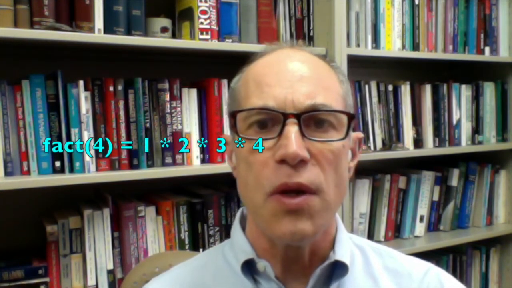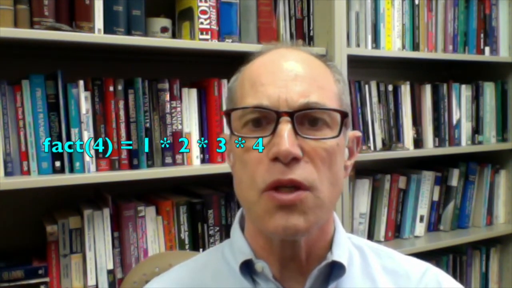Now, let's develop a recursive version of factorial. I'm going to begin by noting that 1 times 2 times 3 times 4 can also be expressed as 4 times 3 times 2 times 1. This is going to be helpful because when designing recursive functions, we're going to need a convenient place to stop recursing.